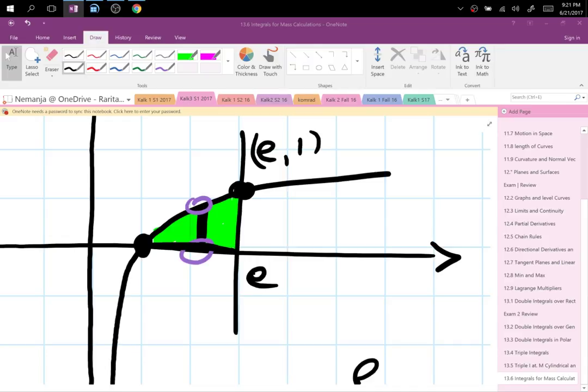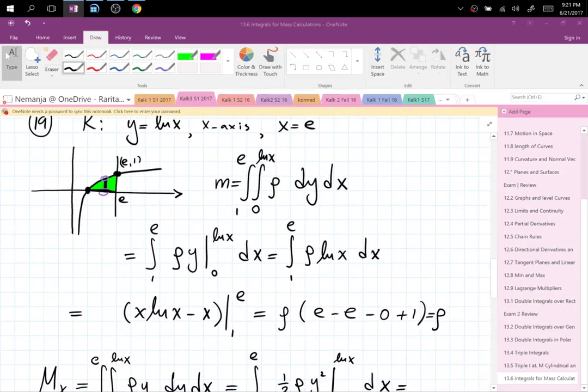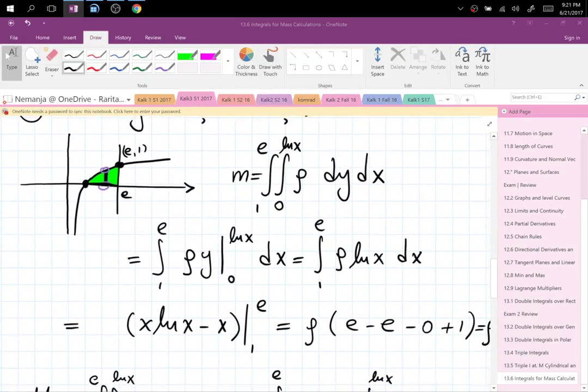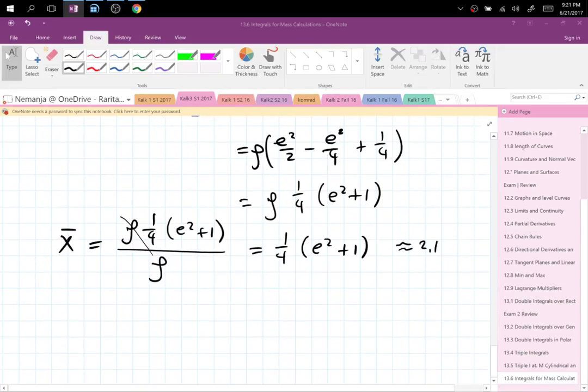So 0.4 and then 2.1 sounds good, right there. As I said, you want to use common sense and make sure that your center of mass is inside the object. All right, that was problem number 19, I believe.